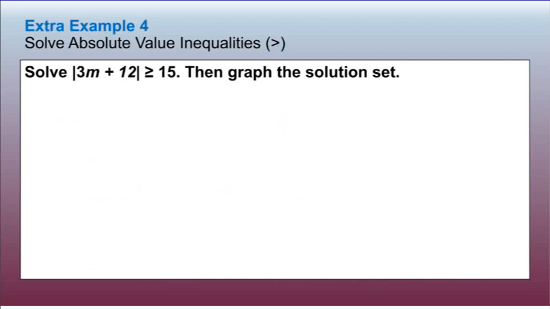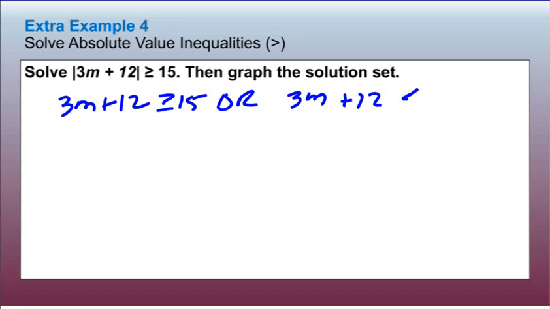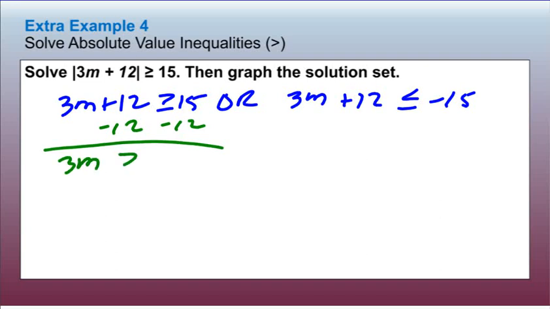So this one to graph, again, this is a greater than, so I need to have or here. So if I have 3m plus 12 is greater than or equal to 15, or 3m plus 12 is less than or equal to negative 15. Subtract 12. Now I have 3m is greater than or equal to 3.